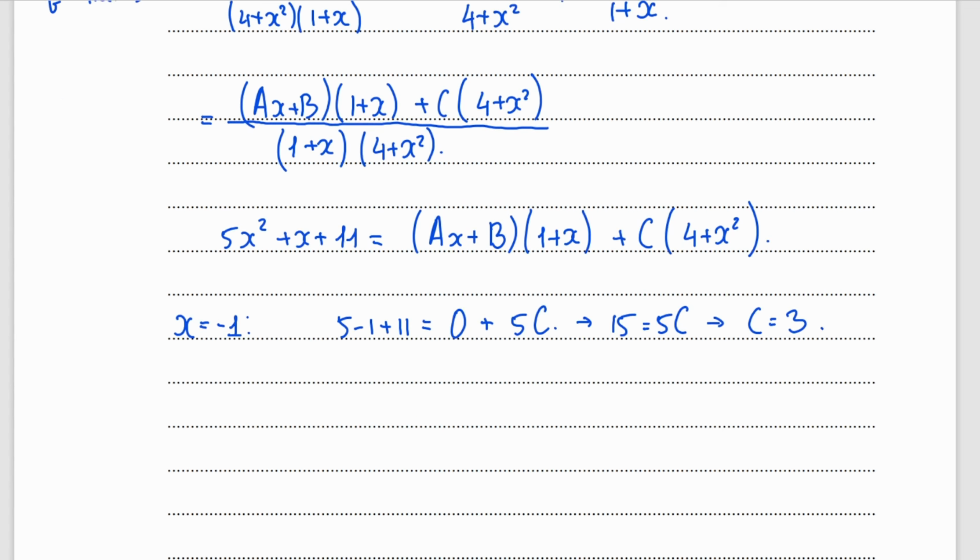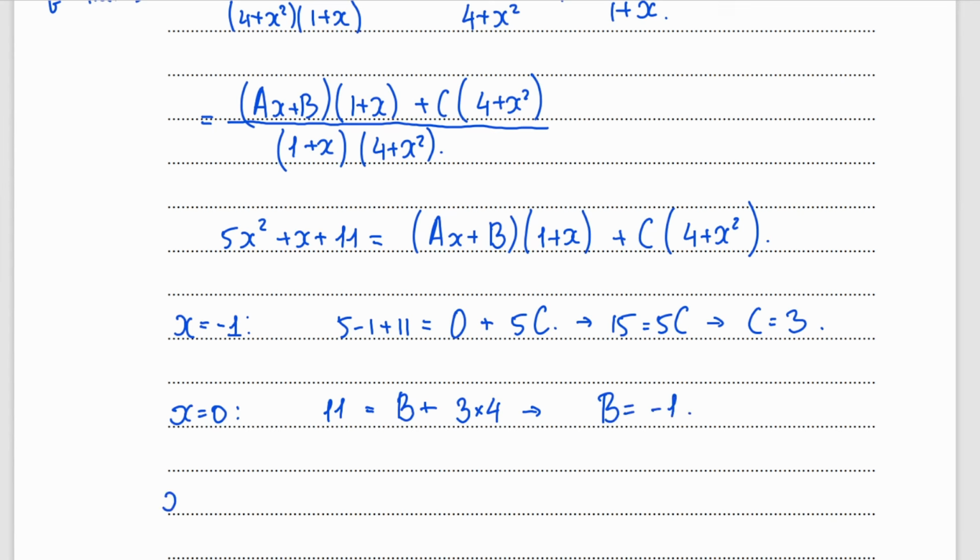Now, I want to cancel out a, so I can substitute x equals 0. On the left side, I will get 11. On the right side, there will be b plus, we know that c equals 3, times 4. So therefore, if we solve it for b, we get minus 1.